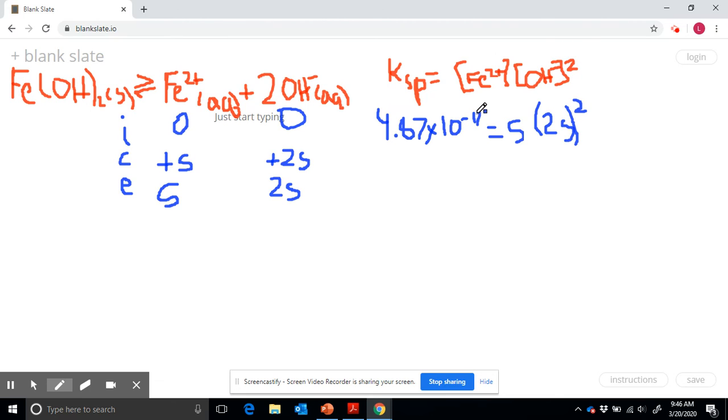Let's walk through it step by step. So our square is going to go in, right? We're going to square our 2, so that's going to be 4, and we're going to square our S. So that's going to be S squared. So I'm going to go ahead and just leave this number here, right? Because that number is not changing. I'm just going to put an arrow. So I'm going to have S times 4S squared.